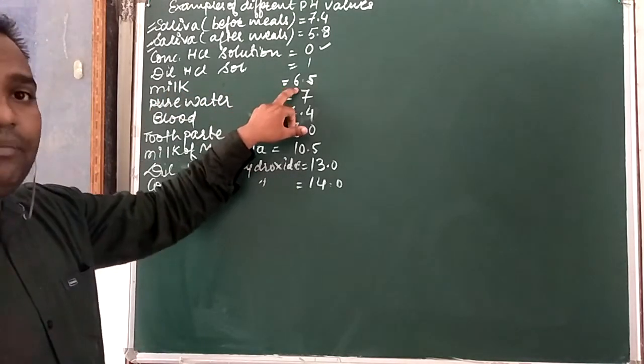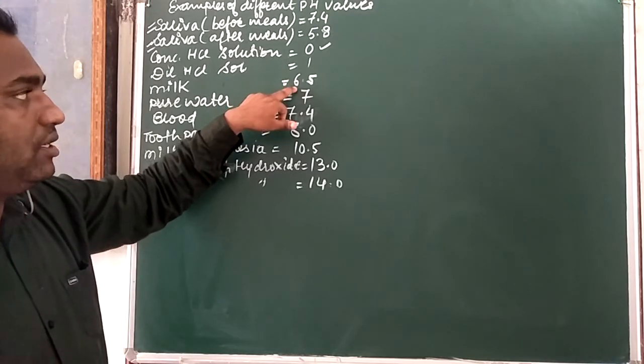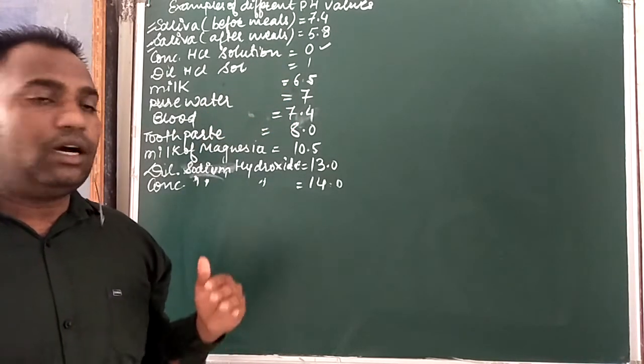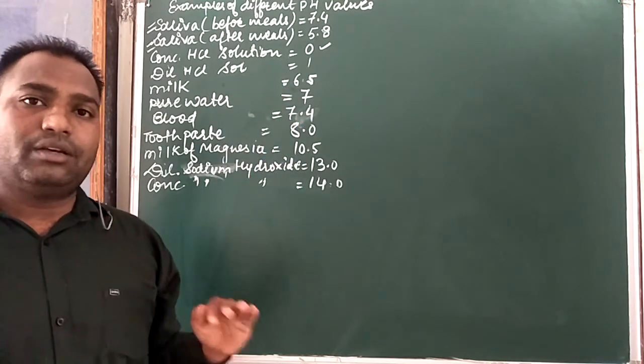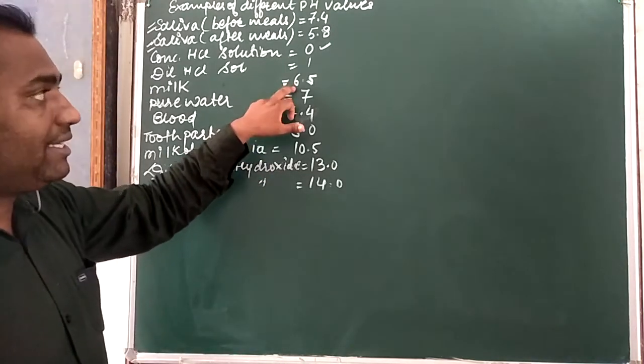After that 6.5, milk, whose pH value has somewhat decreased, showing it is somewhat acidic in nature, because milk kept continuously shows lactic acid formation.